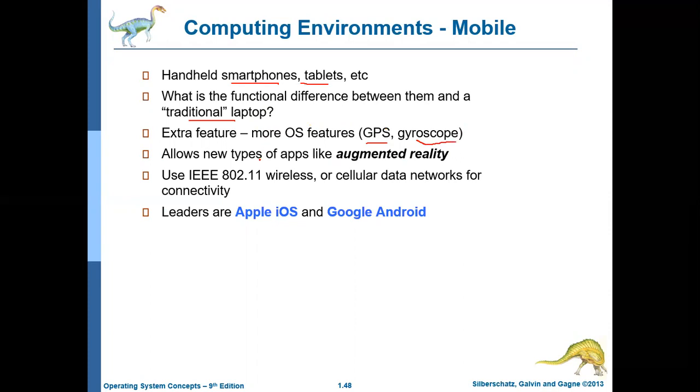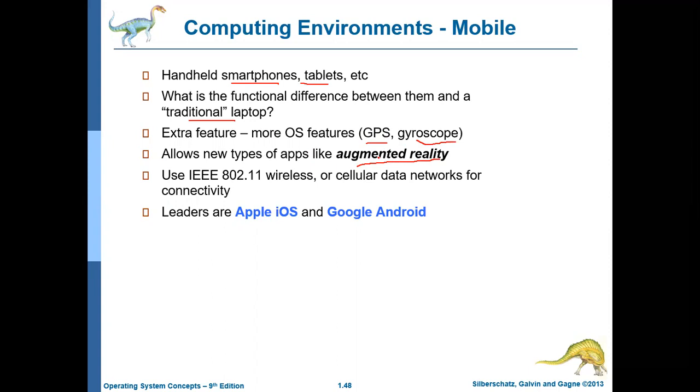The applications running on mobile phones take advantage of these features, and by doing so they try to provide an augmented reality environment. Augment means it adds some value to the reality.